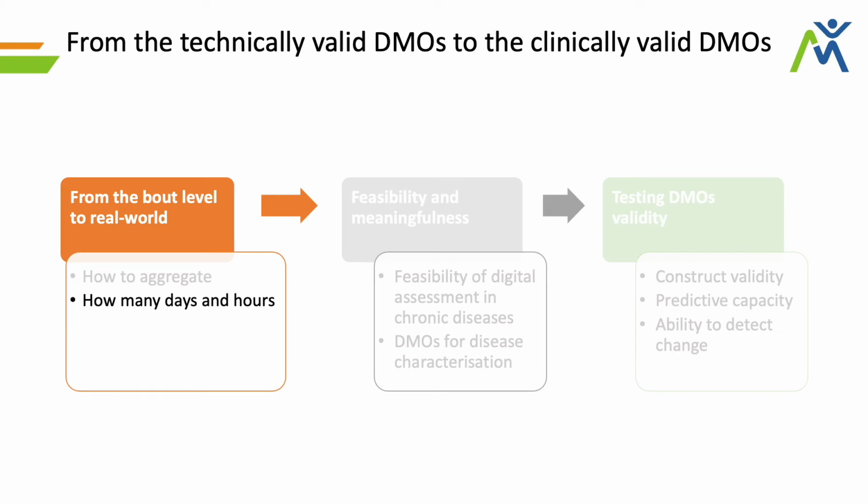A second part in this, going from the bout to the real world, is to define what is the minimum wearing time of the digital mobility assessment that is enough. So this one single value that we have summarized from all the bouts, we want it to be valid and precise for each of the DMOs and representative of real world.